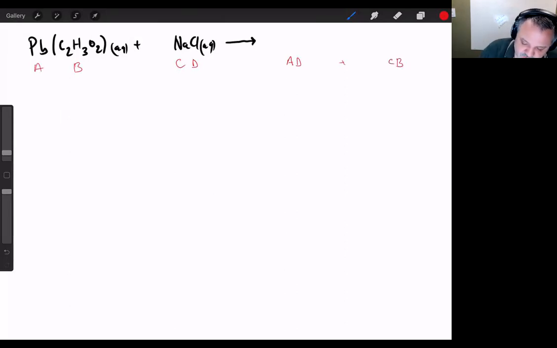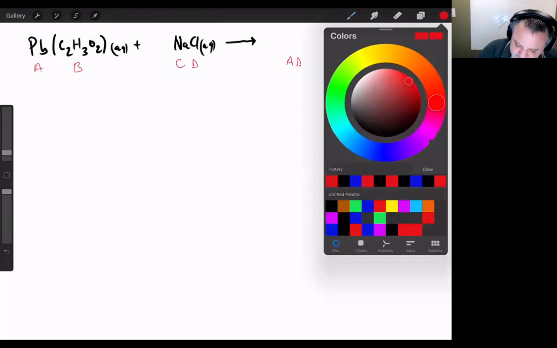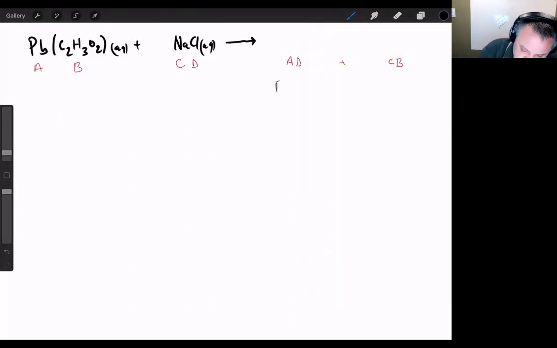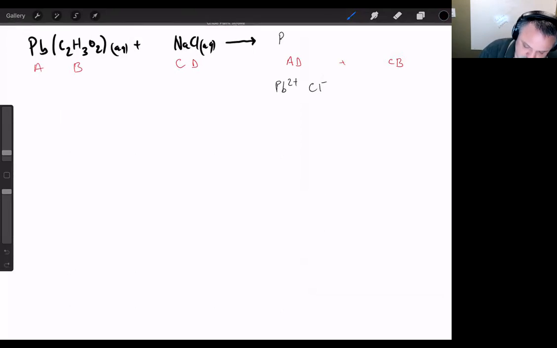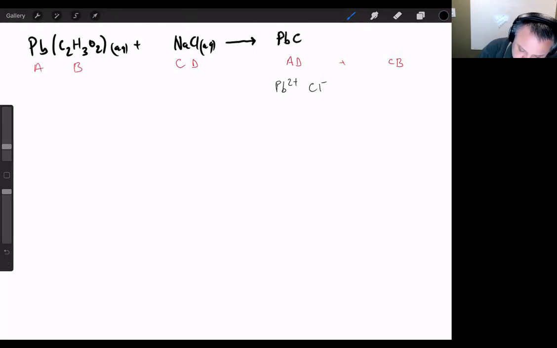And so what is A? A is lead 2+. What is D? It's chloride. So how am I going to write the formula? It should be PbCl2. What about C? C is sodium ion, and I need a 2 here.